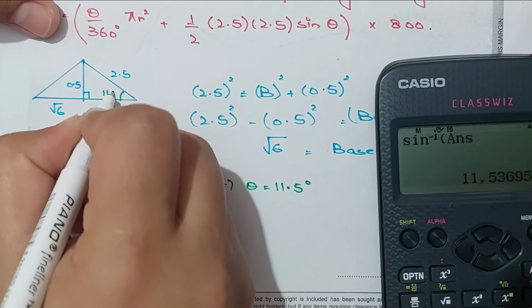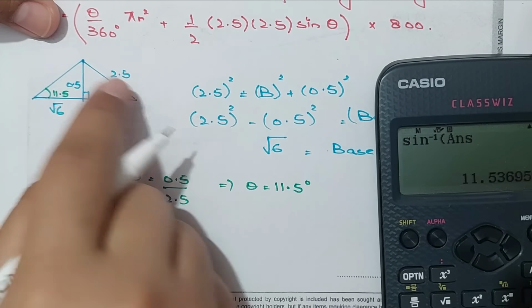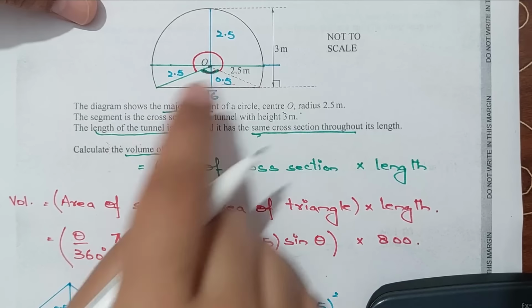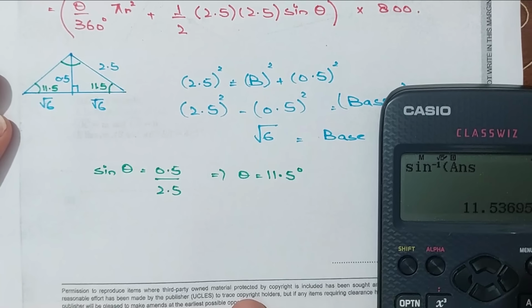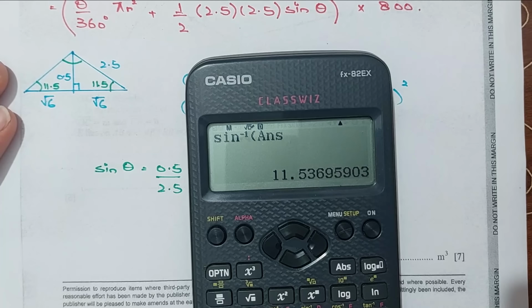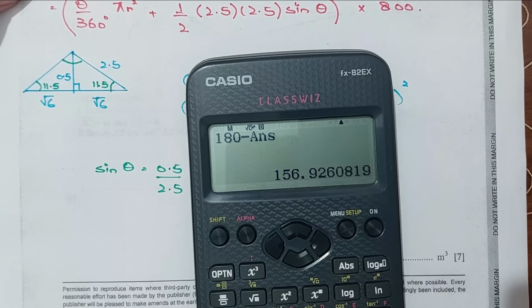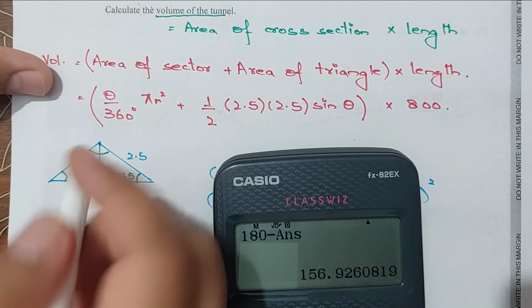This is 11.5 and this is also 11.5. Since it is an isosceles triangle, the two sides are the same, so the two angles are the same. We can easily find the third angle: multiply 11.5 by 2 and subtract from 180. This angle is 156.9, or we can say 157.